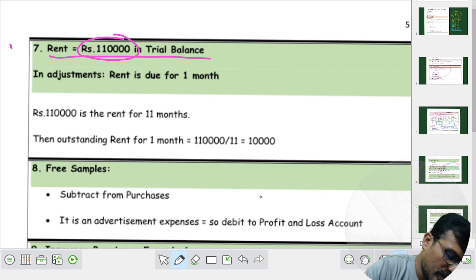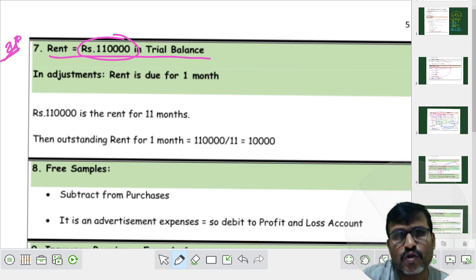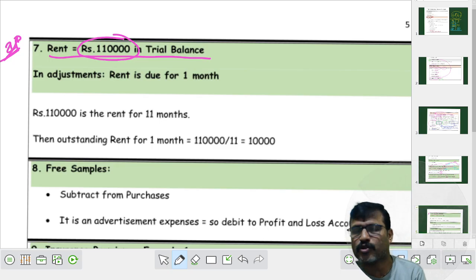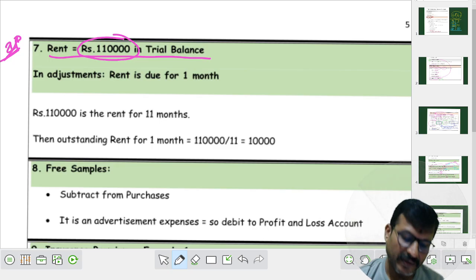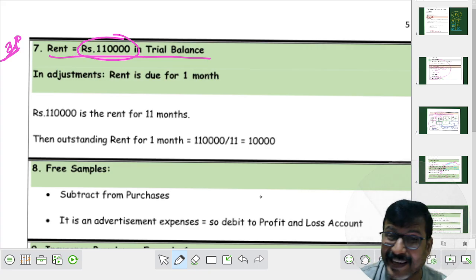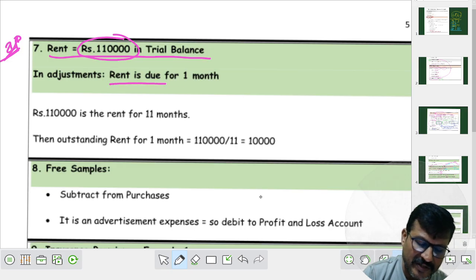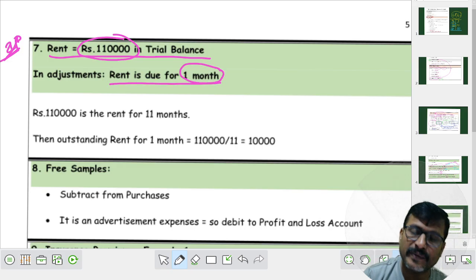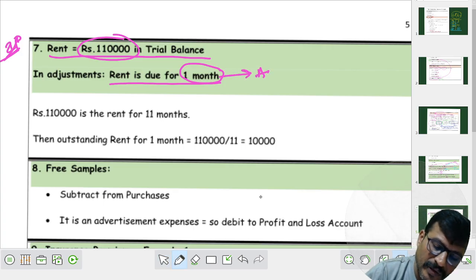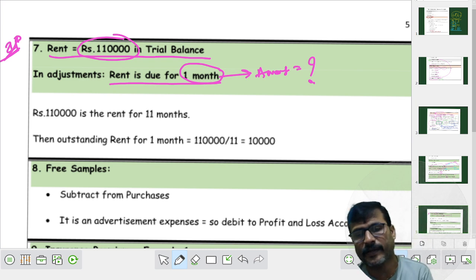Please make a note, a very important concept. We come across this concept in many questions of CA Foundation. Rent is given in trial balance as 1,10,000. In adjustment, rent due for 1 month is mentioned. Is any amount mentioned? Please, my dear student, the amount is not mentioned in adjustment.